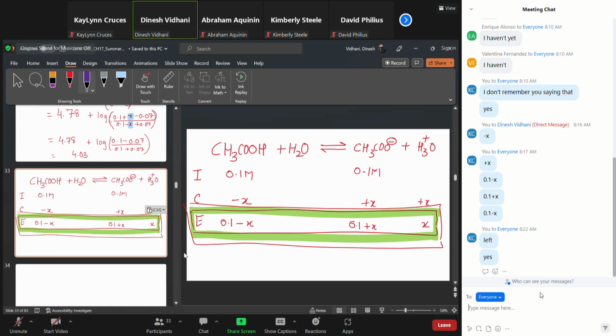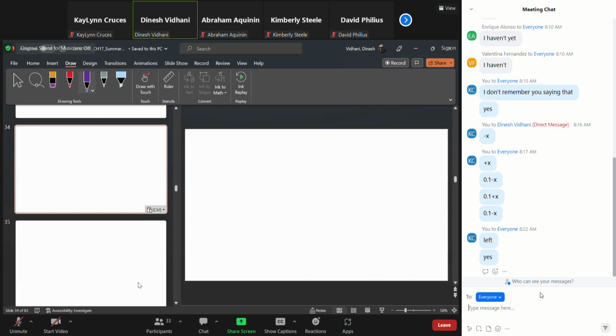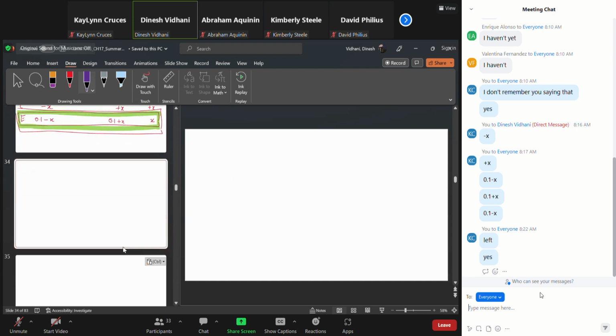So I will make this my initial concentration. This becomes my initial now. Like I'll just write down acetic acid plus water at equilibrium gives you acetate ion and hydronium ion.